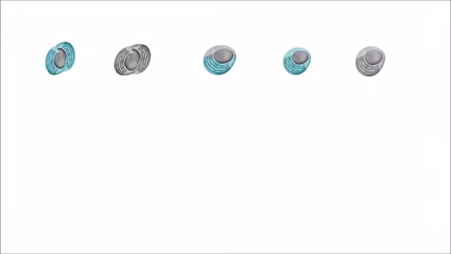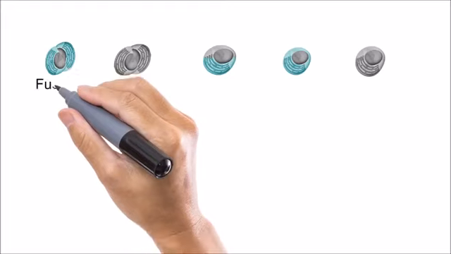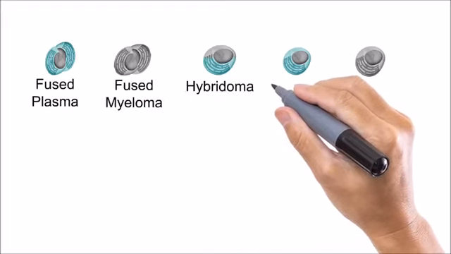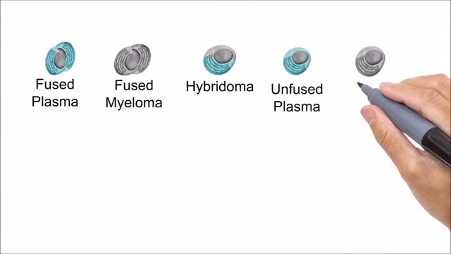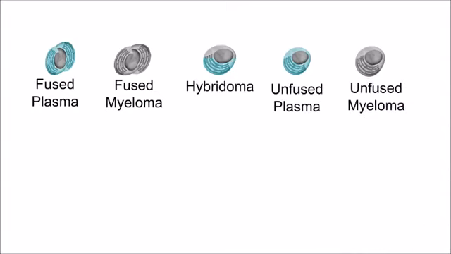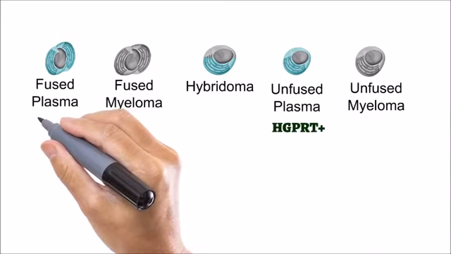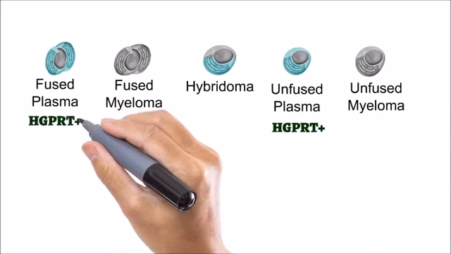I want to remind you that 5 different cells are produced after the fusion procedure of plasma and myeloma cells, and these are fused plasma, fused myeloma, hybridoma, unfused plasma and unfused myeloma cells. Among these cells, plasma cells have HGPRT, and so do the fused plasma cells.